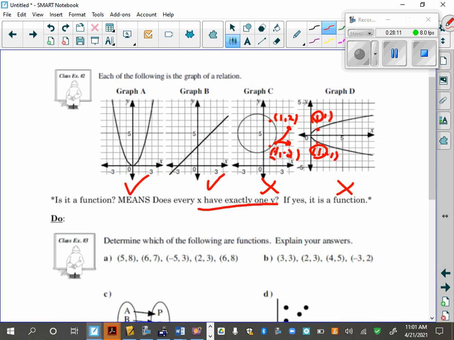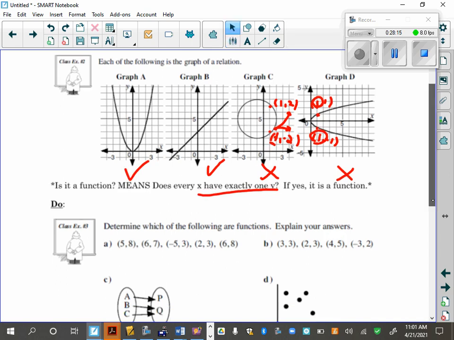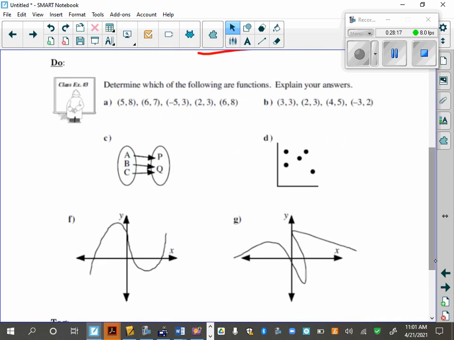Almost the whole page gone in not much more than 10 seconds. Do example 3, just yes or no. You don't need to explain. So A might be a little trickier now. Does every x have exactly 1 y? So for A and B, you just look at the x's. If they're all different, it's a function.